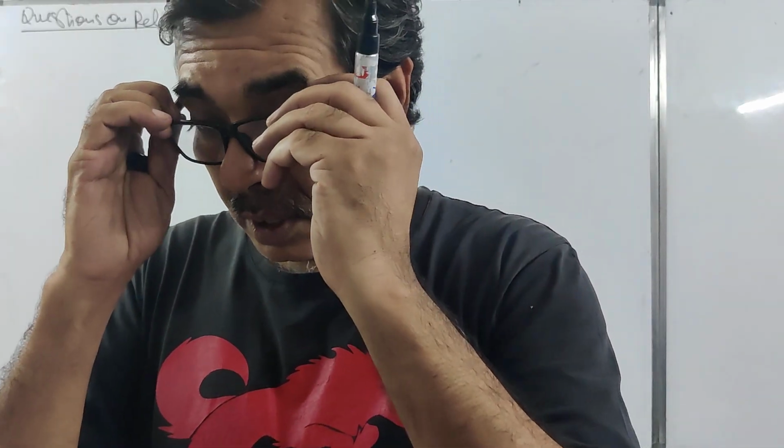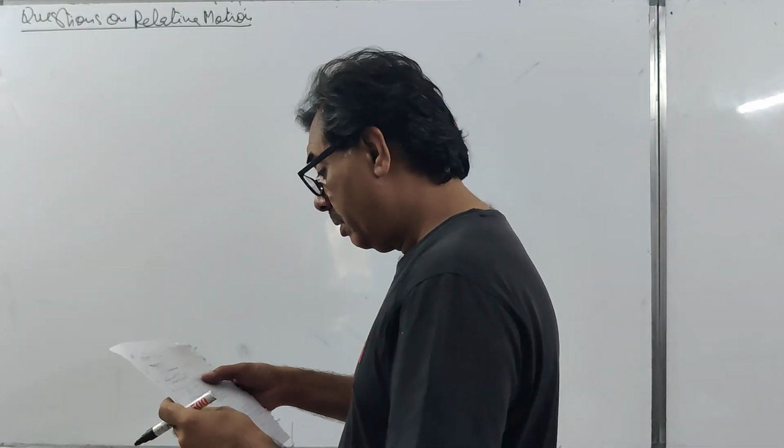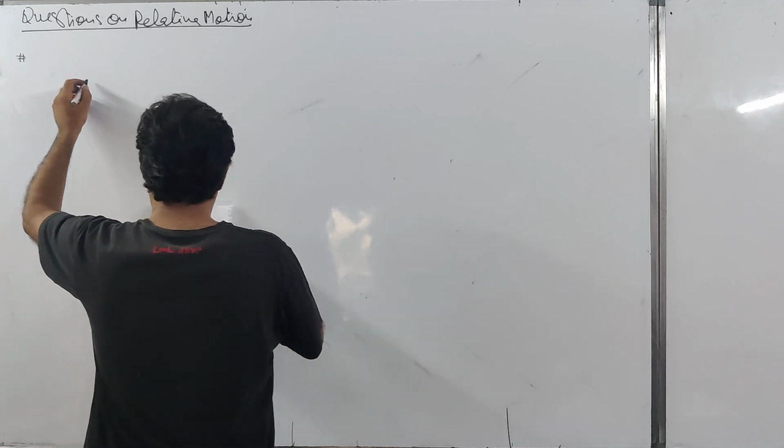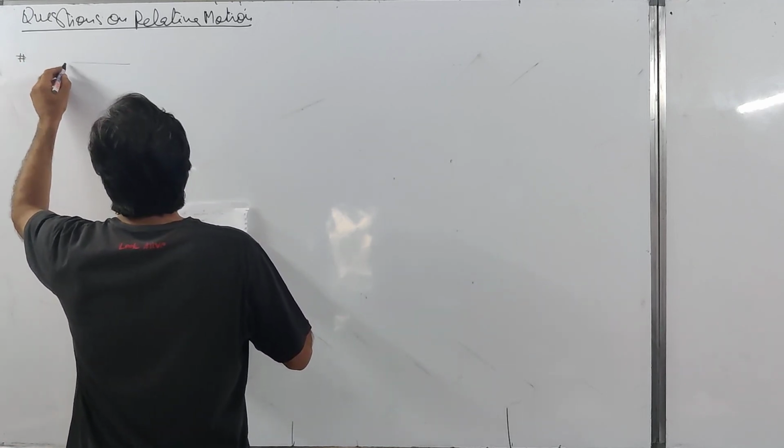In the first question, he says that you have two trains moving at the rate of, this is a train which is 120 meters long.